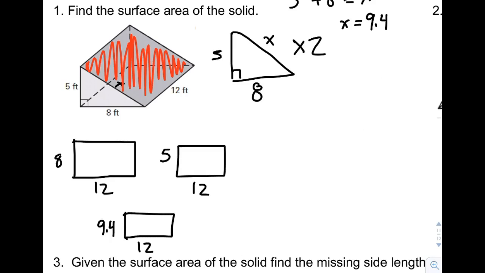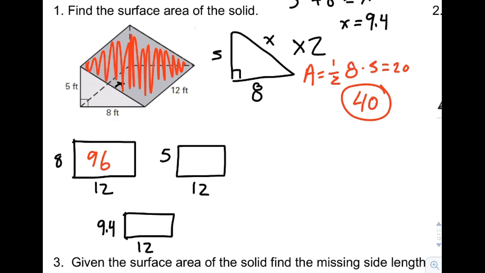We've got one of each of those rectangles, two triangles, and so we can start finding the area. Area of the triangle is 1/2 base, which is 8, times the height. So this is going to be 20. We need to multiply that by 2, and so we have 40. The rest of them are just rectangles, so it's base times height. This one would be 96. 5 times 12 is 60.